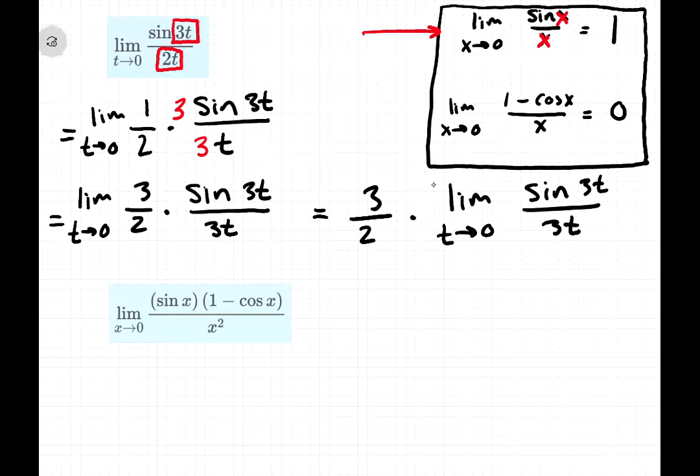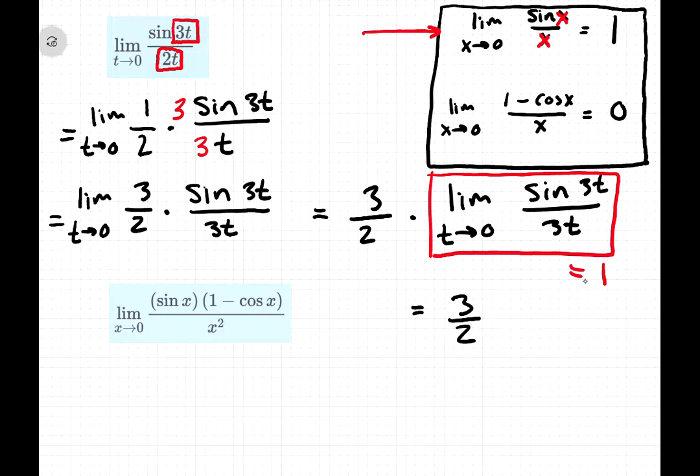According to our formula, this is equal to 1. Okay, so when we evaluate this limit, according to this previously established formula, we have 3 over 2 times 1, or just 3 over 2.